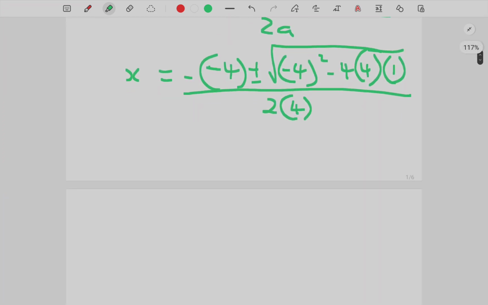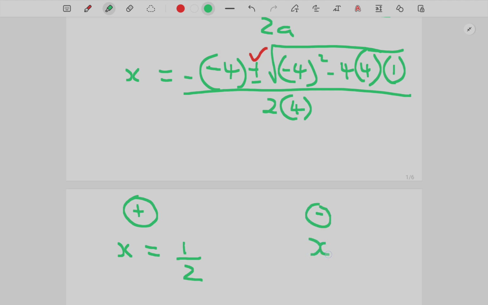Then you check what will be your answer if you are using a positive sign. If we are using a positive sign, it's going to give you x is equal to 1 over 2. And then you check what if you are using a negative sign, what will be the answer.